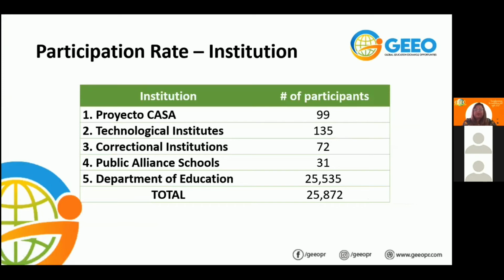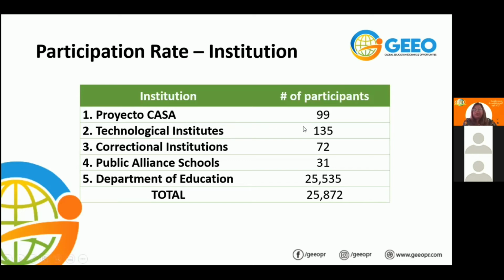The Department of Education wanted to have as many alternatives to teaching and learning assessed as possible. The Department of Education covers all K-12 system schools, which are approximately 846 schools right now. Puerto Rico also has an alternative education program, Proyecto Casa, for students who were out of school. 99 educators from that program took the assessment.